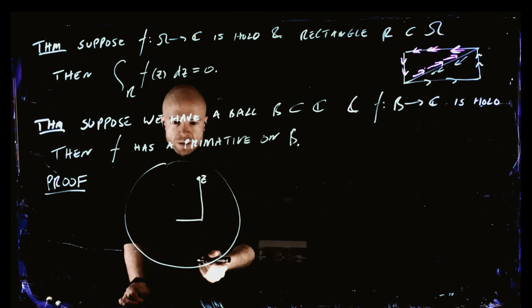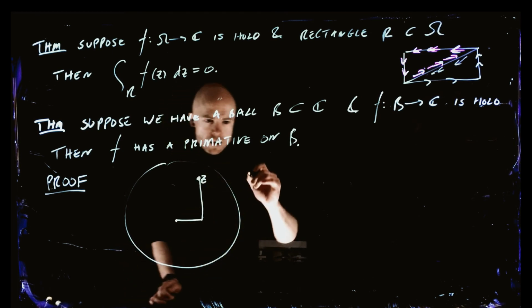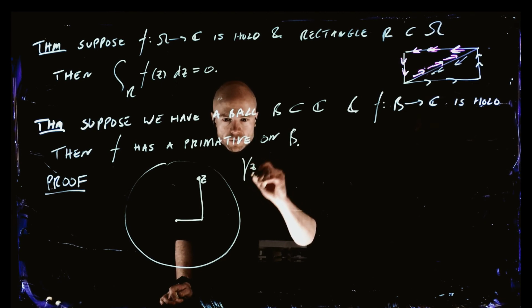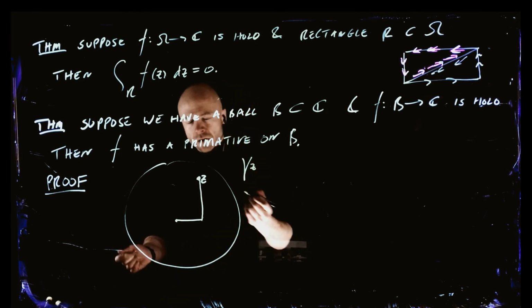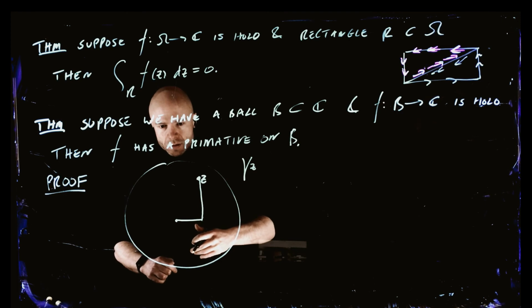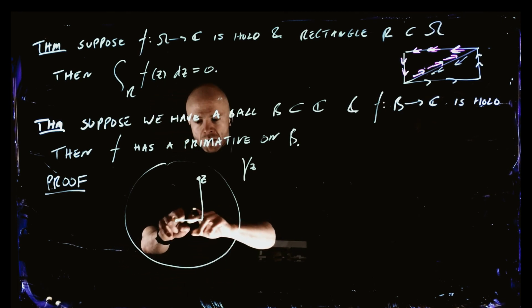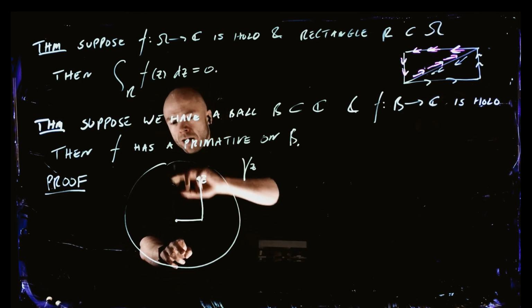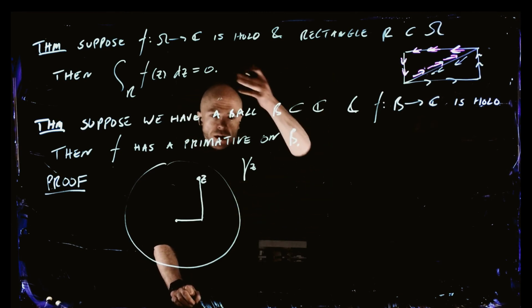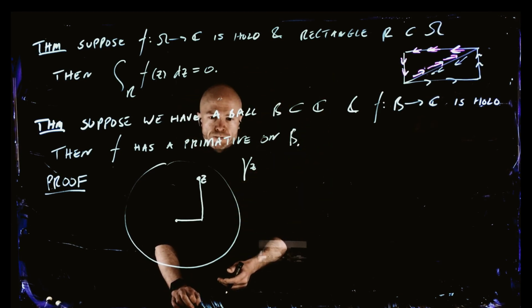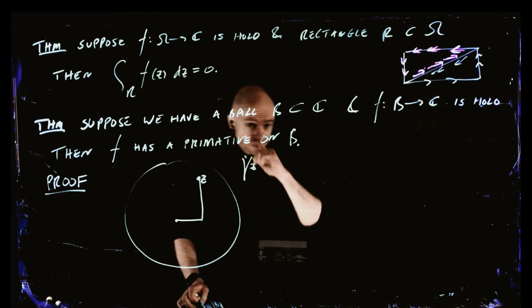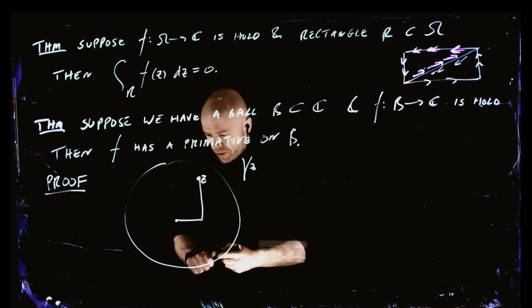Let's call that line gamma of z. For any ball, we can create a line made of these two straight lines. Whether we go along and then up, or up and along, turns out to be the same thing by what we learned over there. So this is a path like this.